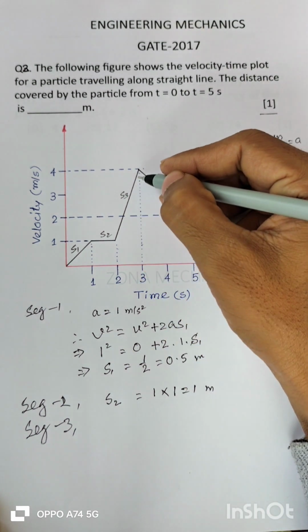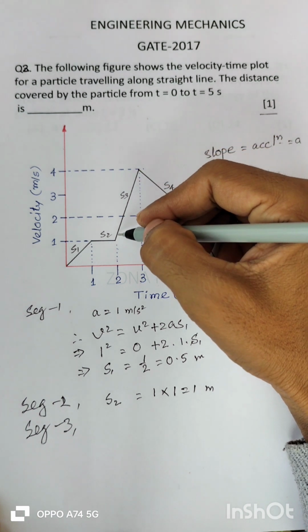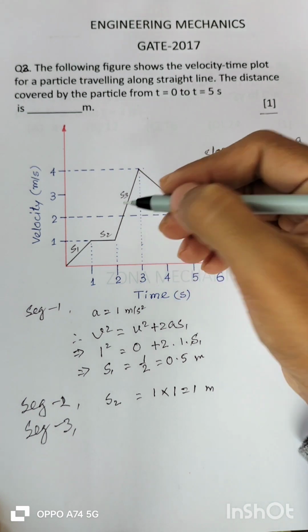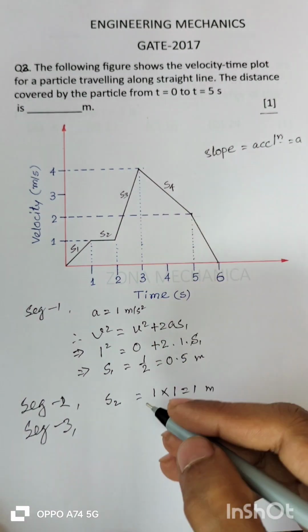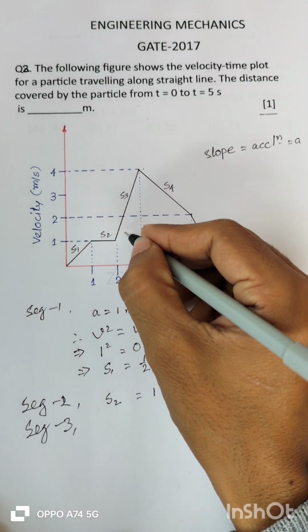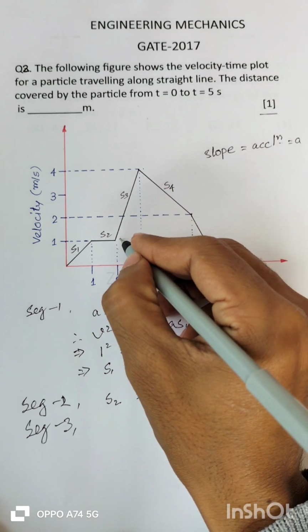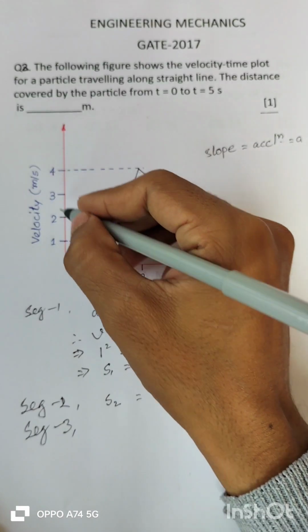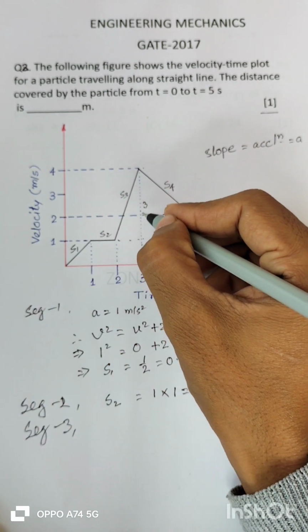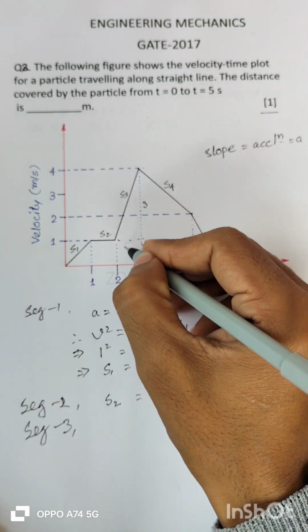For segment 3, this is again increasing velocity, that means the particle is having acceleration here, and acceleration will be the slope, that is 4 minus 1, that is 3, by this one, this is 1.